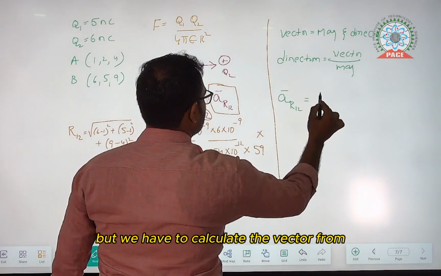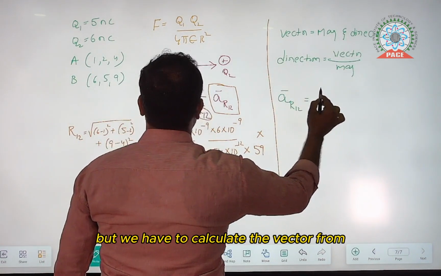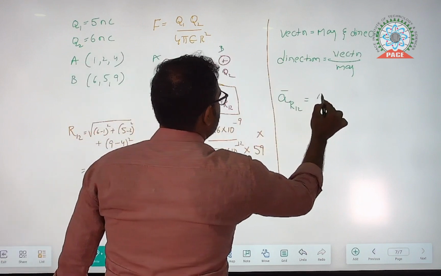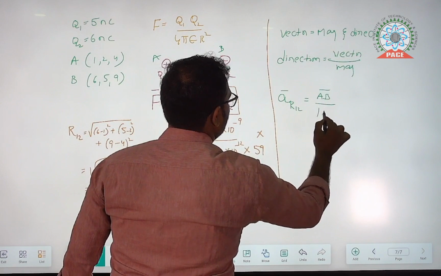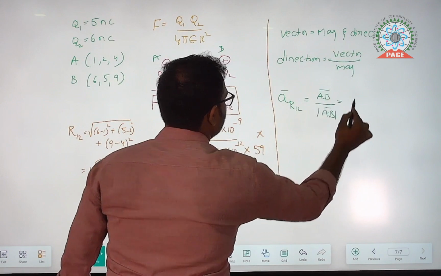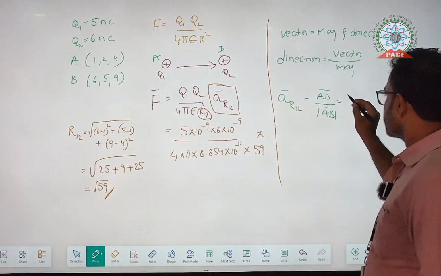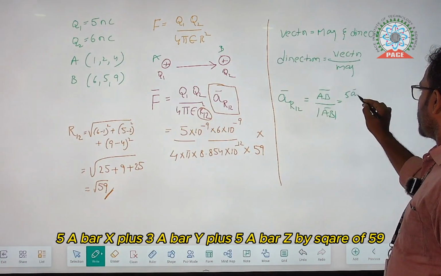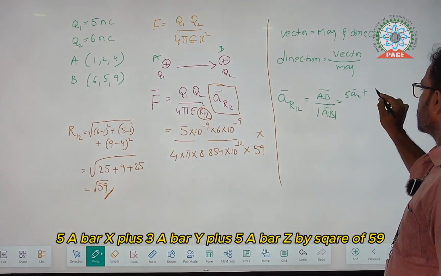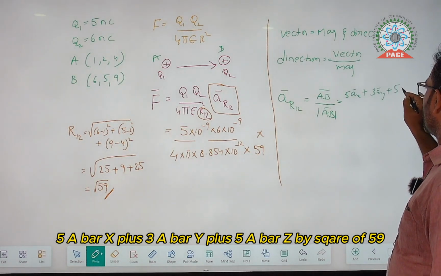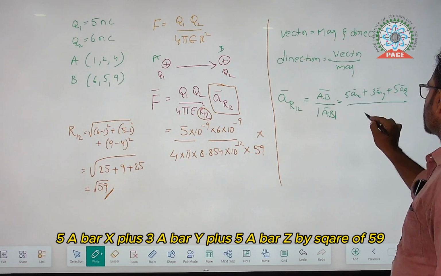We have to calculate the vector from 1 to 2, that is AB bar by modulus of AB bar, nothing but 5 a bar x plus 3 a bar y plus 5 a bar z by square root of 59.